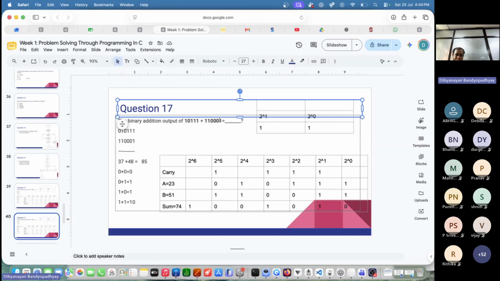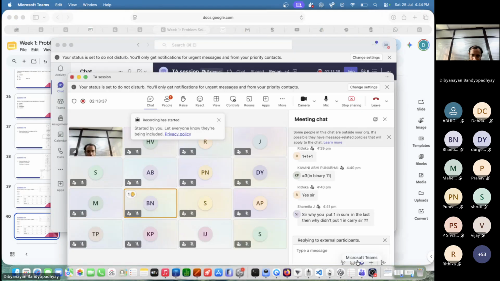Sorry, is there any question? Why did you put 1 in the sum at the last, why didn't you put 1 in carry?